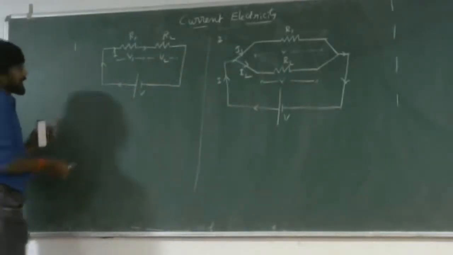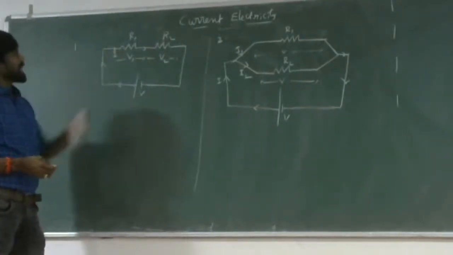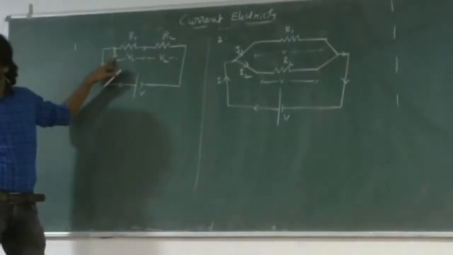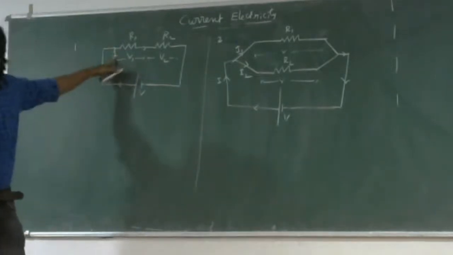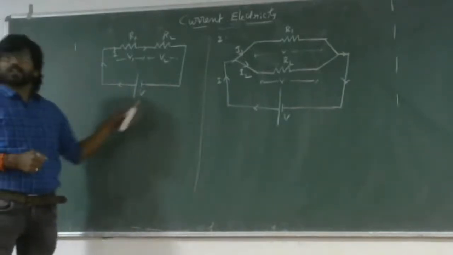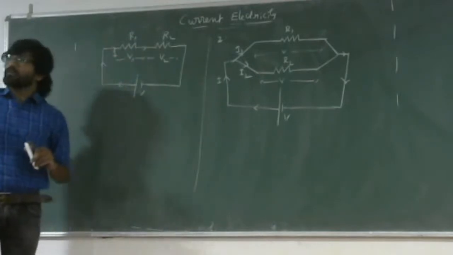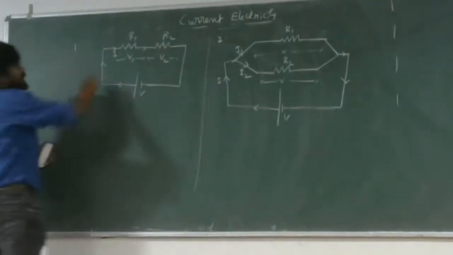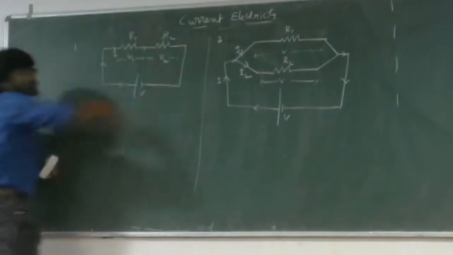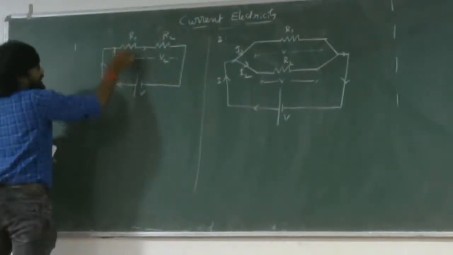So by using this potential divider principle and current divider principle, we come across two simple relations. V1 is nothing but IR1. Are you following? But if I is not given, and V, R1, R2 are given, then how to find V1? To find this, first you have to find out the total current in the circuit. According to Ohm's law, V1 is equal to IR1.